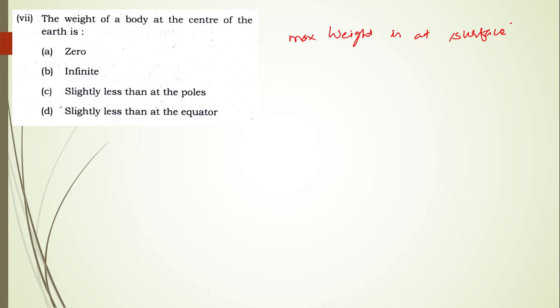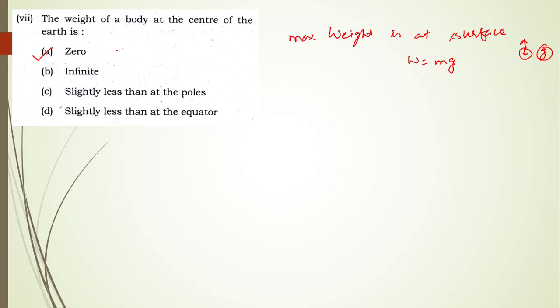As we move away from the surface, either upward from the surface or toward the center, the value of g decreases. As the value of g decreases, we know that weight is equal to mass into acceleration due to gravity, so weight will also decrease. So at the center it becomes 0. So 0 is the right answer. So for the seventh part, A is the correct answer.